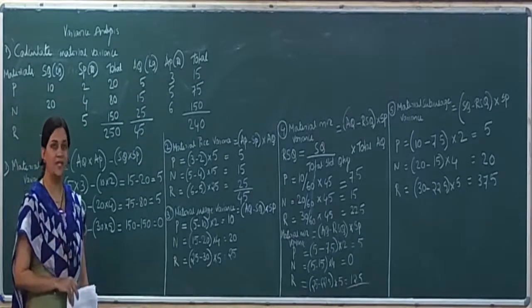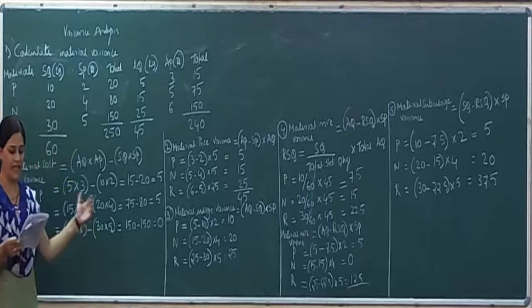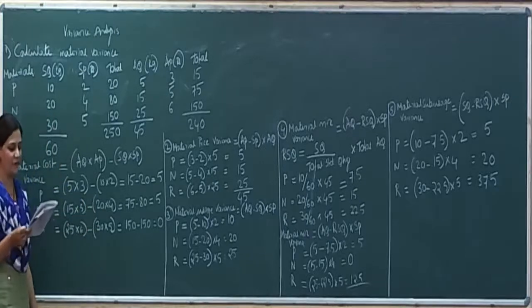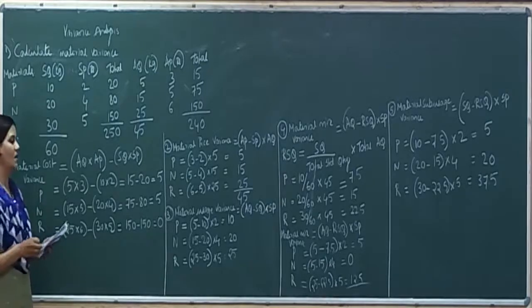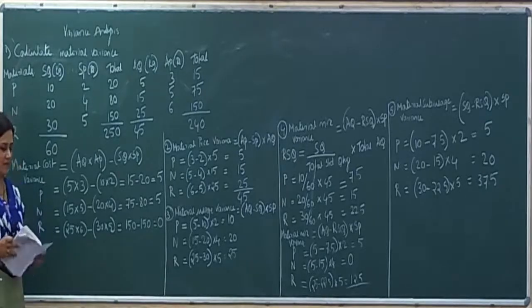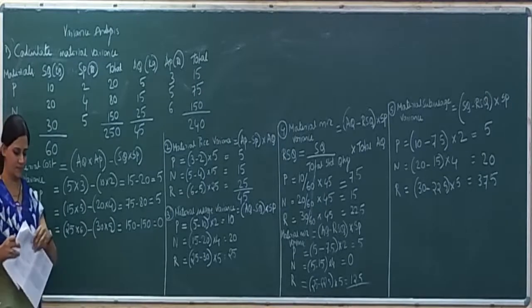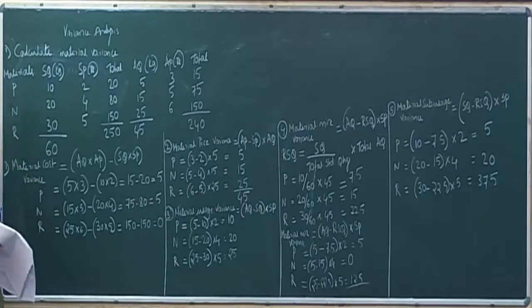If actual performance is better than the standard given, it is a favorable variance. In the same way, when actual performance is below the standard, it is called unfavorable variance.